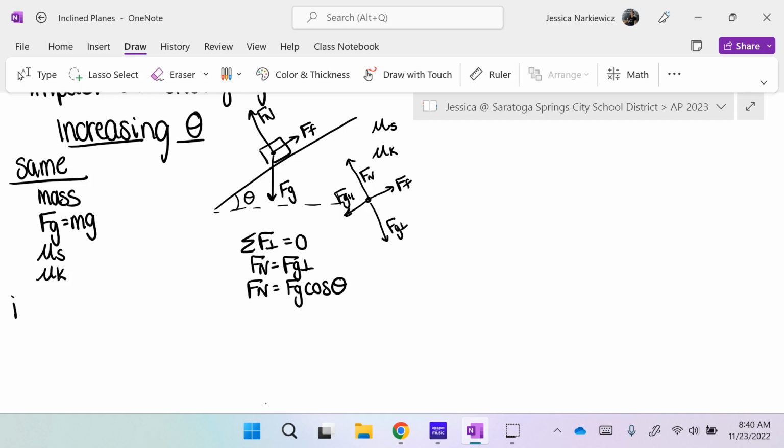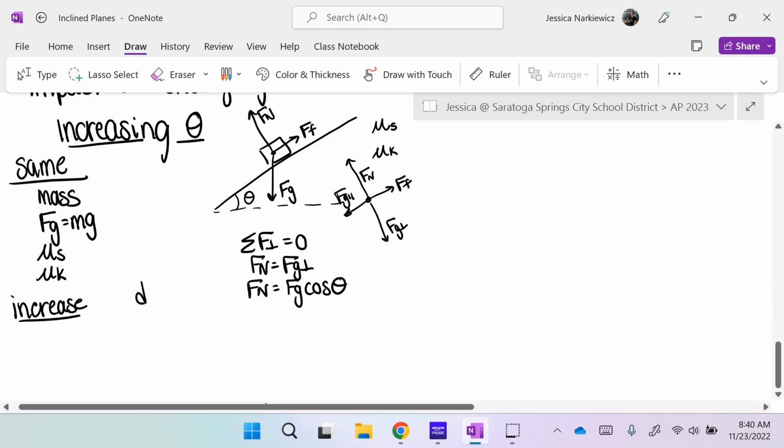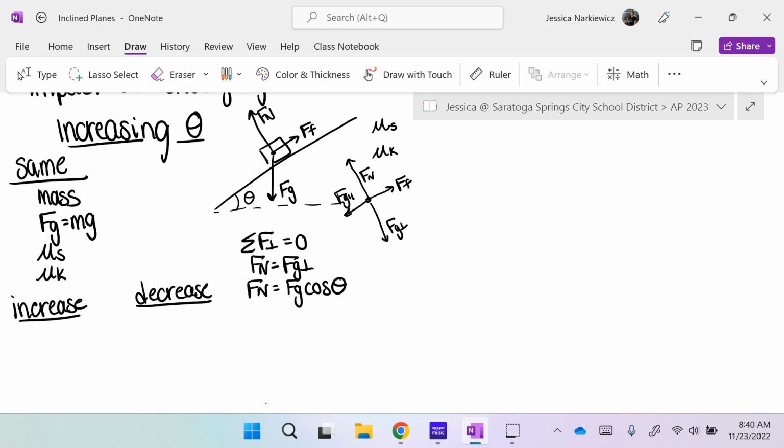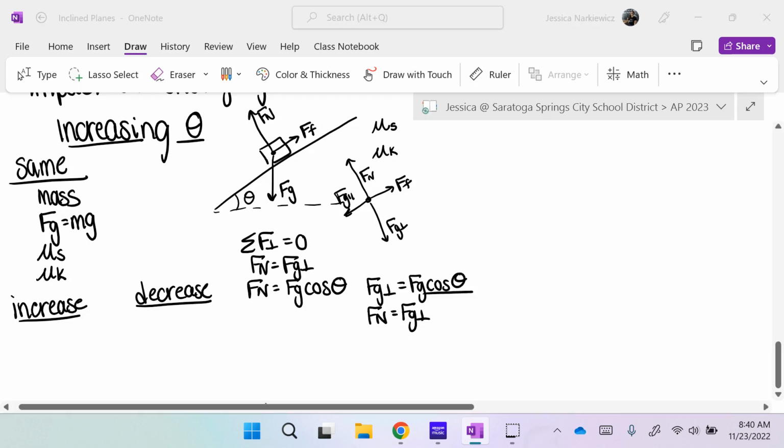I'm going to make two lists, increase and decrease. The first things I'm coming across are Fg perpendicular and also the normal force, which is equal to Fg perpendicular. The reason these are the first things is because they're both based off of the cosine of the angle. So as the angle changes, the cosine is going to change.